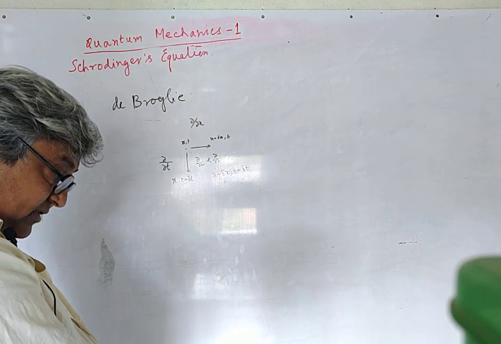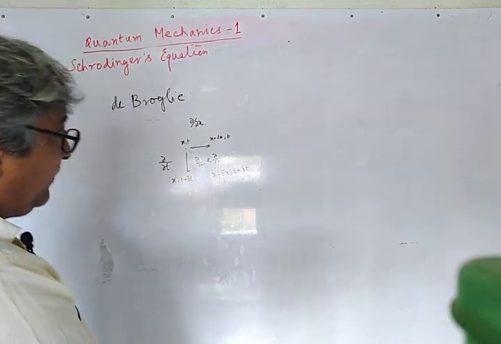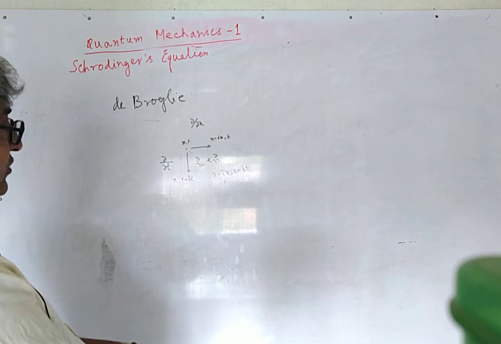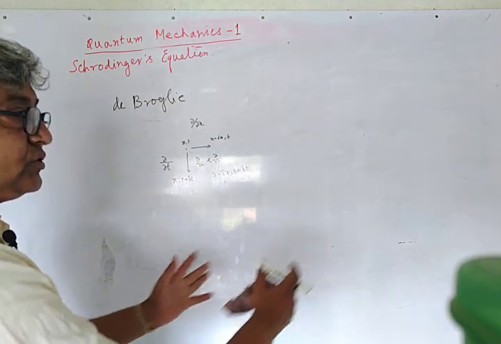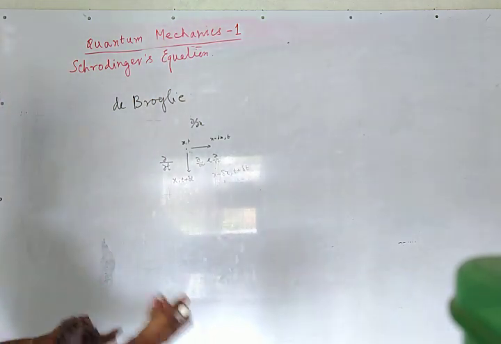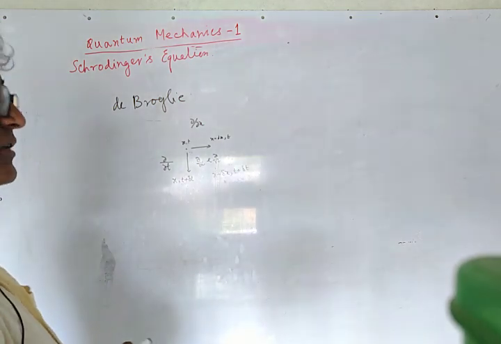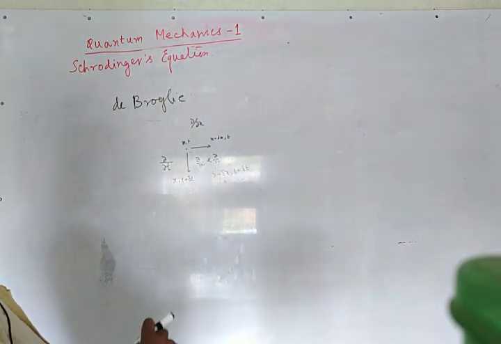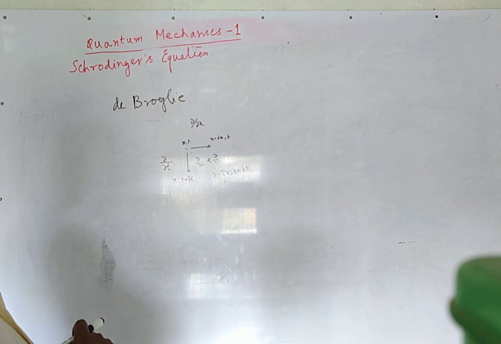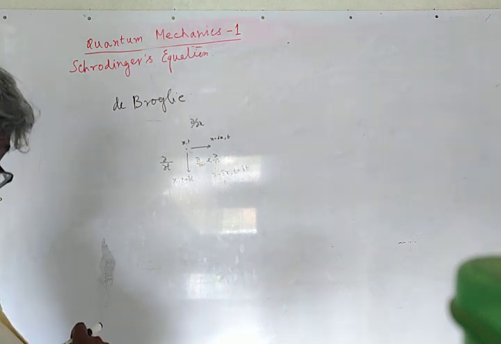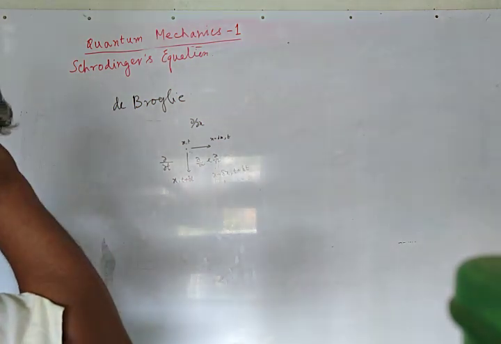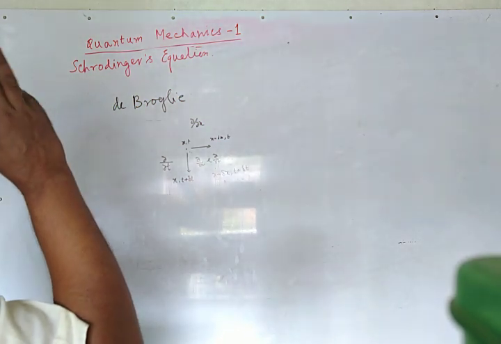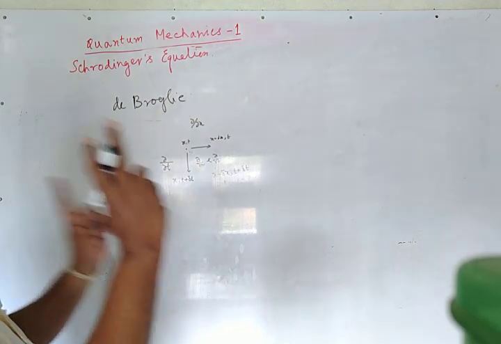The linearity is required from the fact that if we have a linear differential equation whose solutions are y1, y2, y3, then c1 y1 plus c2 y2 plus c3 y3 is also a solution. That is, the superposition principle is applicable. In quantum mechanics, the superposition principle is very important and must be accommodated within the theory. So the differential equation that we are looking for must be linear.